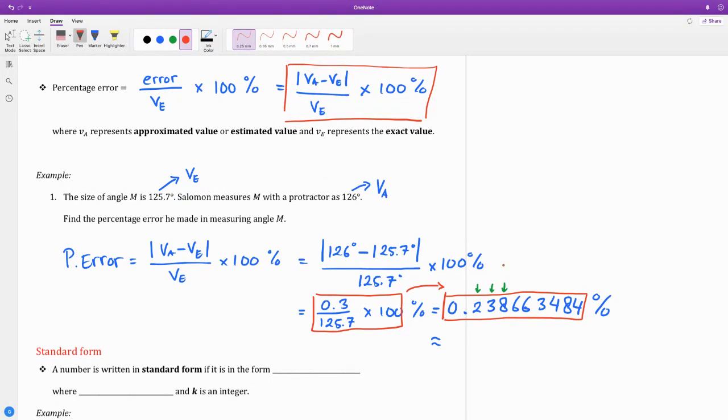We look at the 4th significant figure. Since the 4th one is 6, we need to round it up. It's no longer 8, it becomes 9. So it's 0.239%, 3 significant figures.